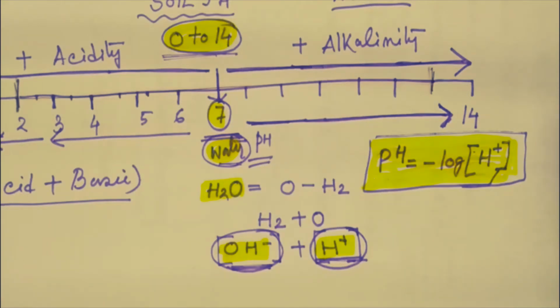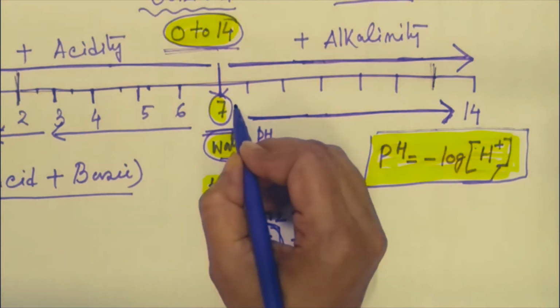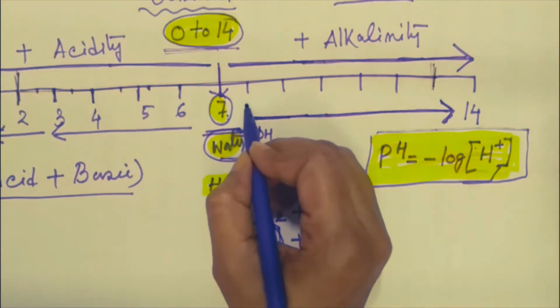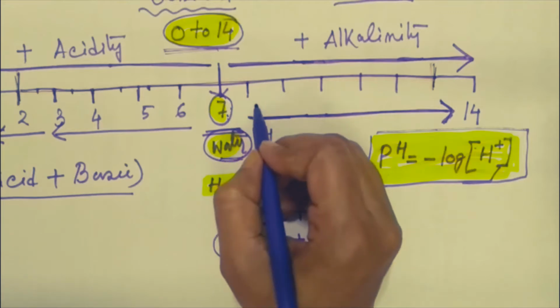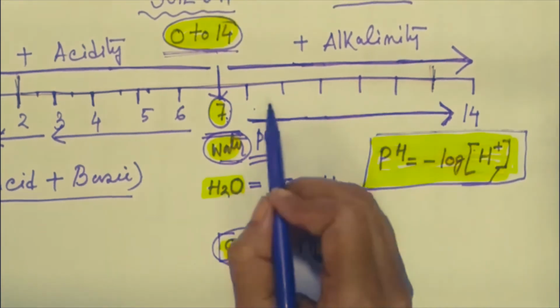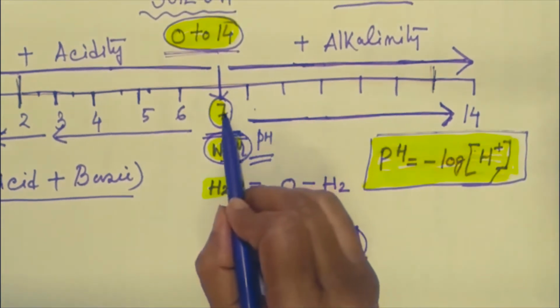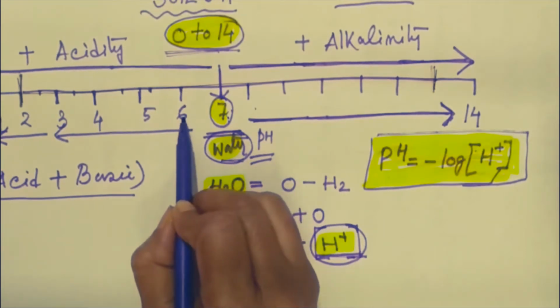Before going into this in detail, one thing is very important. If you move from pH 7 to 6, the acidity will increase 10 times.